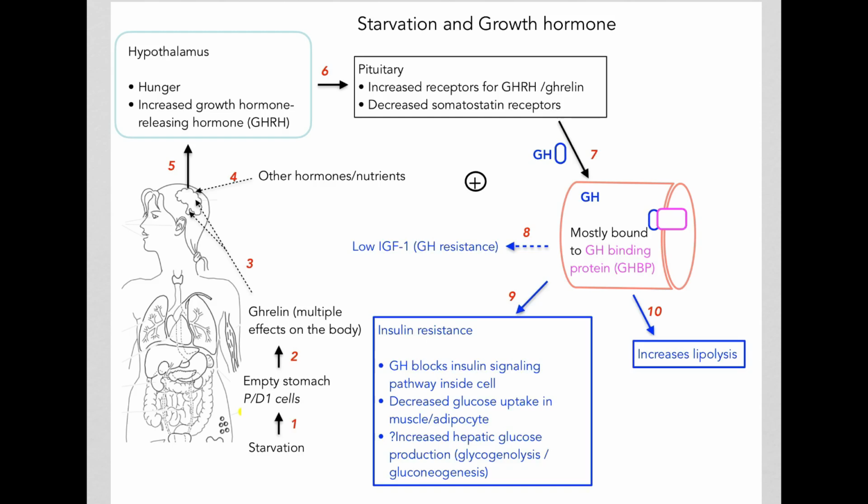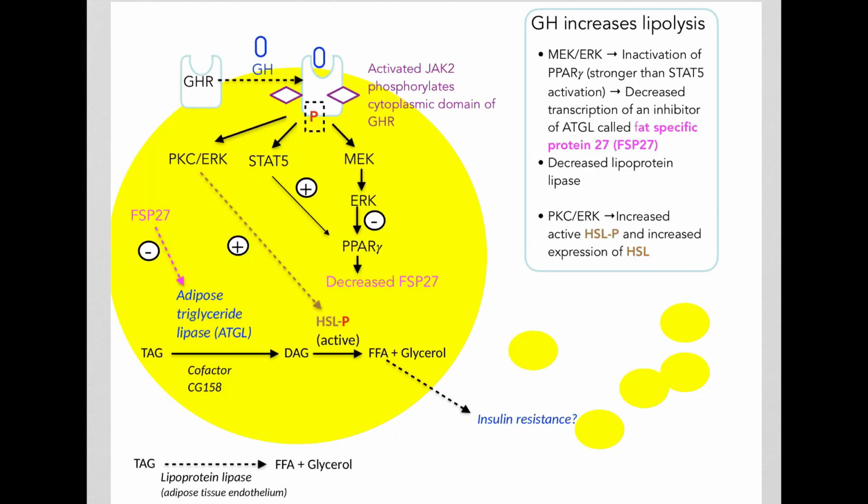Let's look a little bit more on how growth hormone increases lipolysis in adipocytes. One of the effects of growth hormone that has been reported is that it stimulates this enzyme here, adipose triglyceride lipase, ATGL, that breaks down triglycerides into diglycerides.